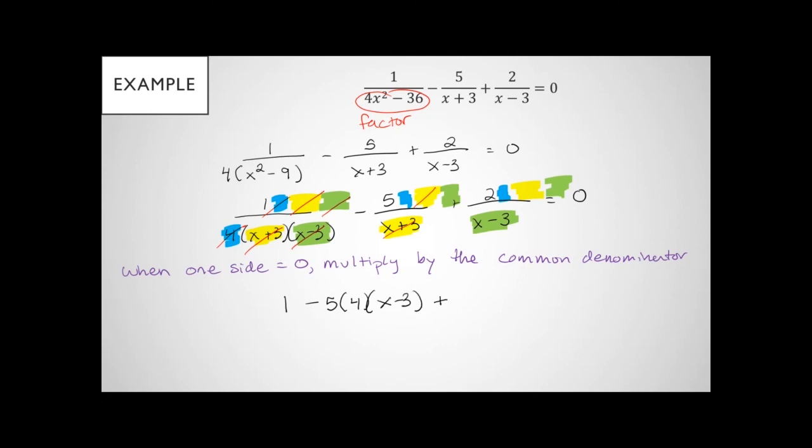I'm just looking at the colors, not even caring about the variables, but using the colors and kind of canceling those out. And then the third fraction, the greens would cancel, leaving you with the 2, the blue, which is 4, and the yellow, which is x plus 3. And then it's equal to 0, because 0 times anything is 0. So that would leave you with this that then you can go and solve.